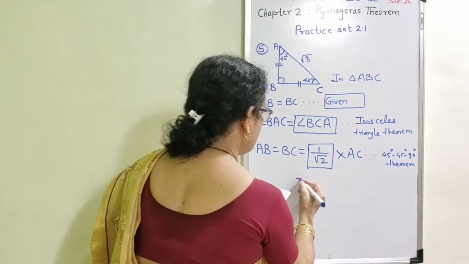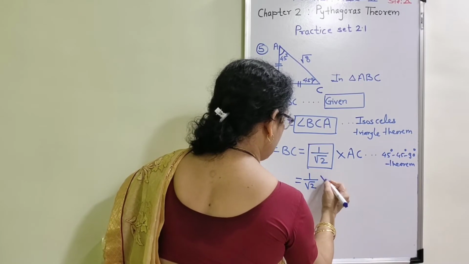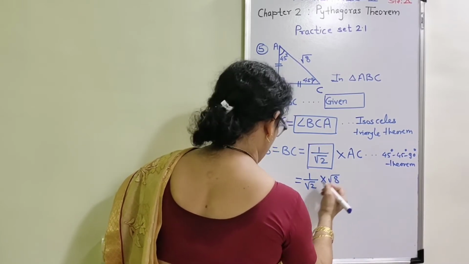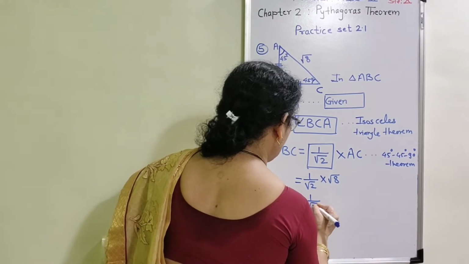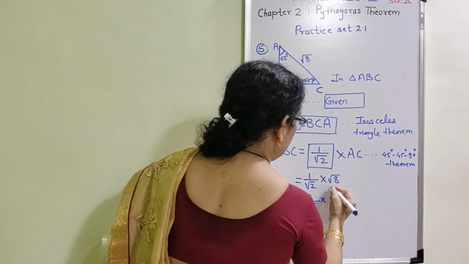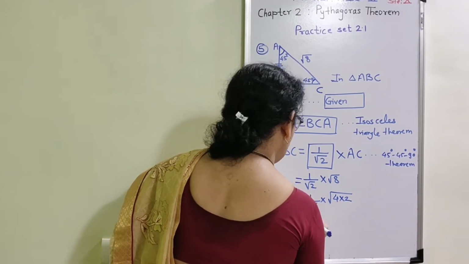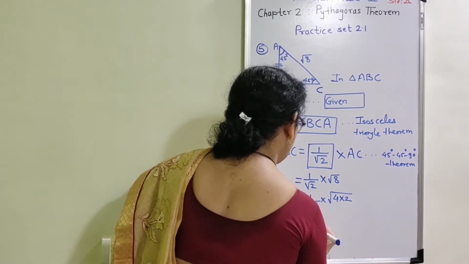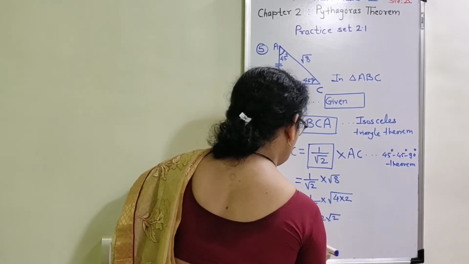Now the next step they have given is 1 upon root 2 into root 8, since the length of the hypotenuse is root 8. Now I can divide it as 4 into 2. Square root of 4 is equal to 2 and 2 into root 2.